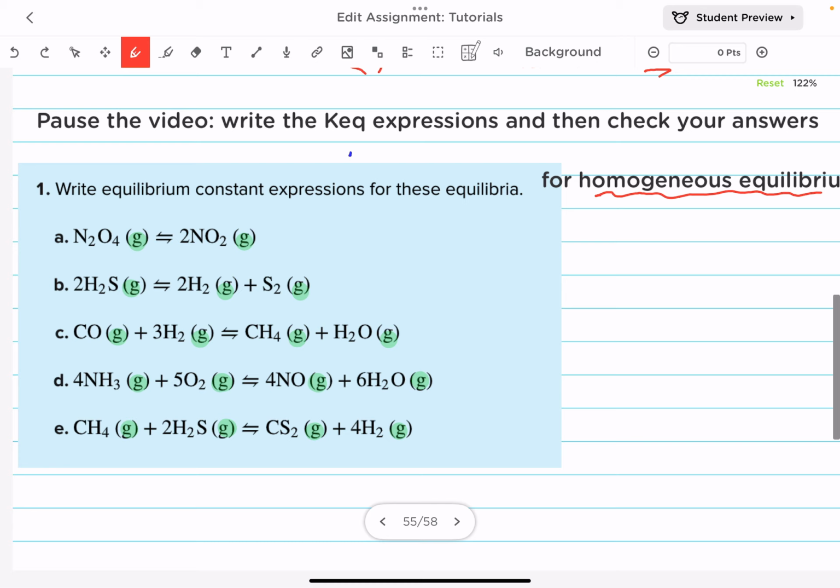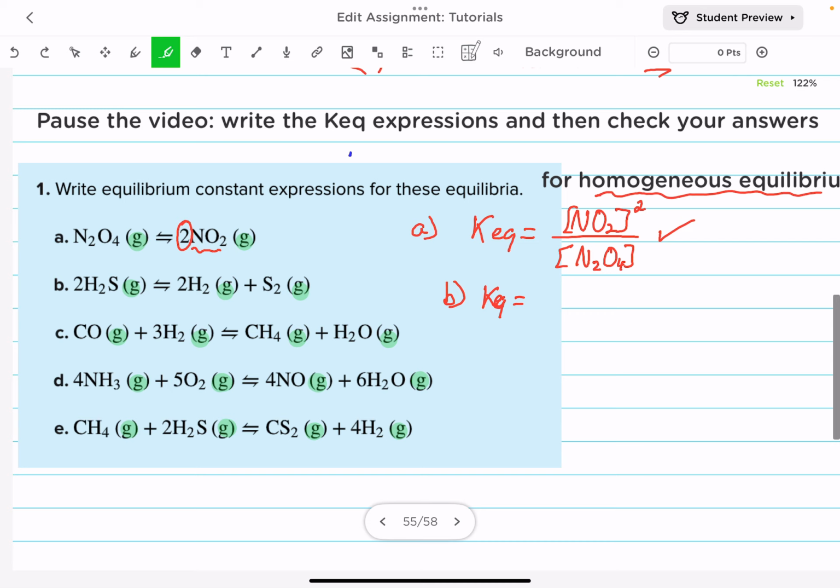K equilibrium would be the concentration of the product, so I write NO2 in brackets. This 2, I write it to the power of 2, divided by the concentration of N2O4. That's it. Now let's take question B. Again, the K equilibrium will be the concentration of the products.